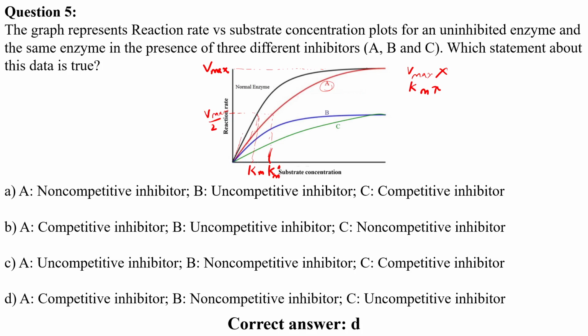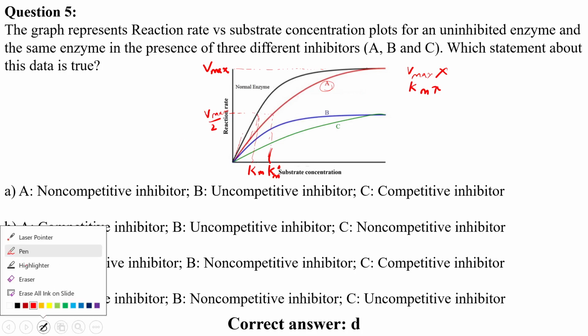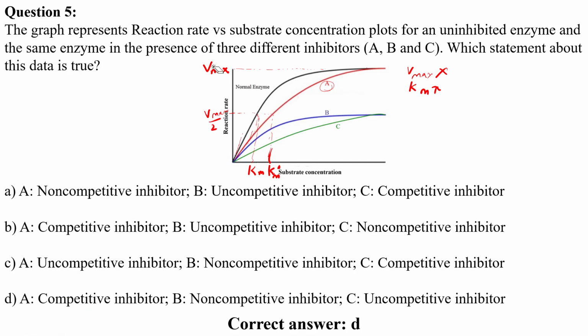Now we will see the second case, B. So now we will see what is happening in case of inhibitor B. In case of inhibitor B, we said that there is non-competitive inhibition.